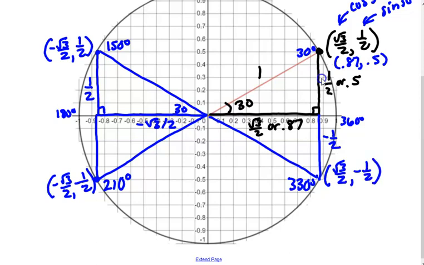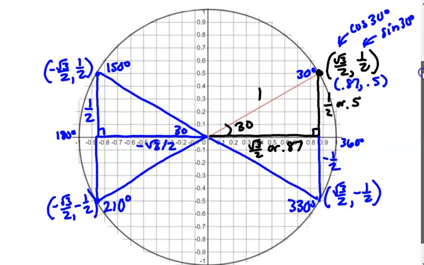So I'm going to rewrite this one because it's hard to tell that the 1/2 is negative. So all of these have the same absolute value for x and y, but just opposite signs in different quadrants.